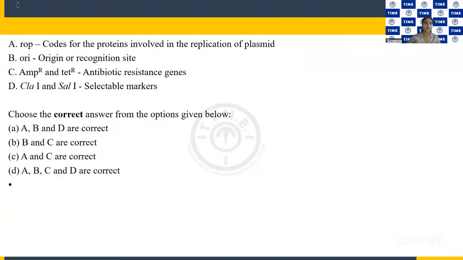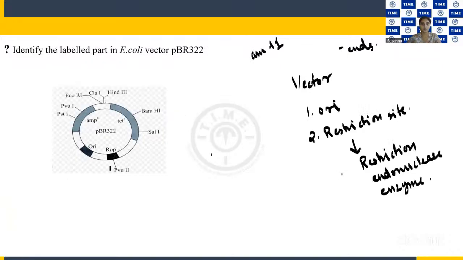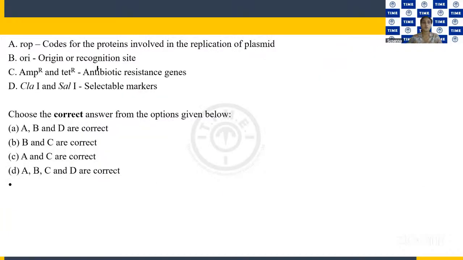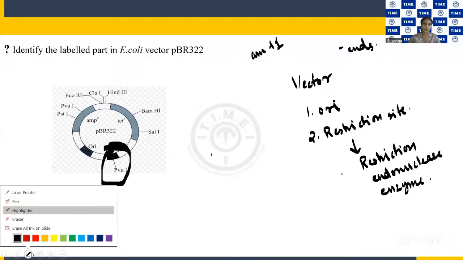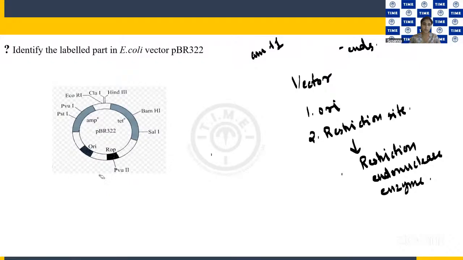The first statement says that ROP codes for proteins involved in the replication of the plasmid. ROP is this one, right? We have the ROP here. It's very well correct. Let me mark that.